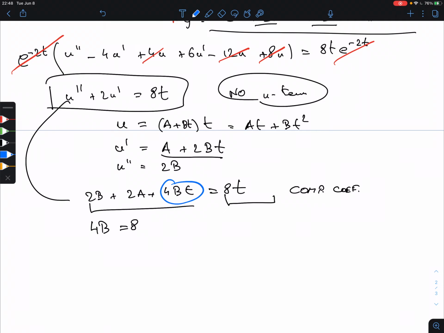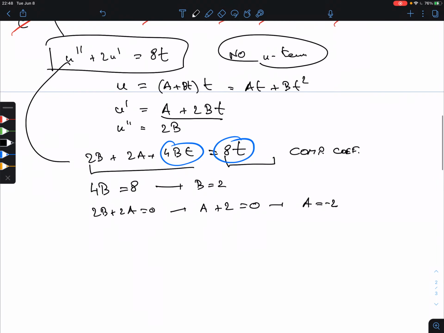But there is no constant term on the left-hand side, so this means that 2b plus 2a is 0. So from this we see that b is 2, and here we can cancel the 2, so a plus b, a plus 2 is 0, so we find that a is negative 2. So we find that u is equal to negative 2t plus 2t squared.